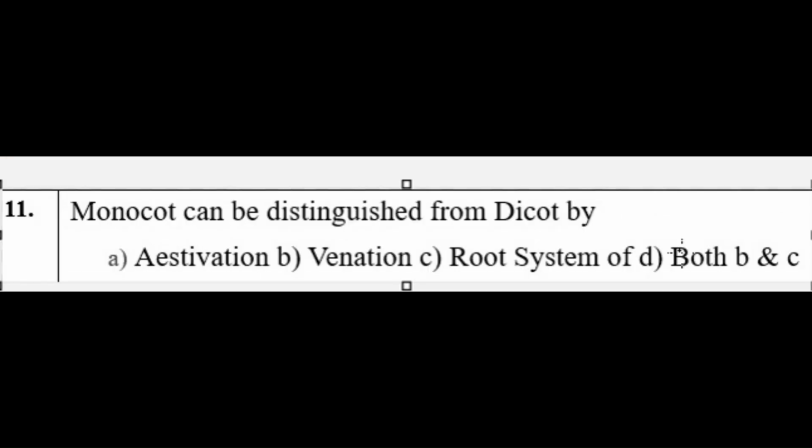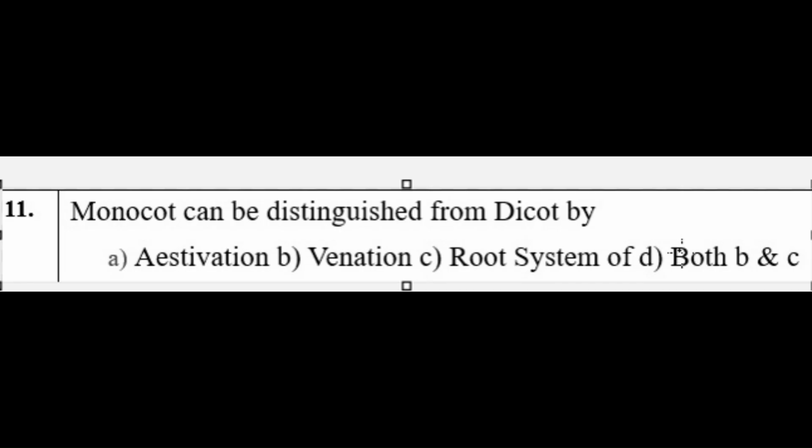Question number 11. Monocot can be distinguished from dicot by A. Aestivation, B. Venation, C. Root system, D. Both B and C. Venation means how the veins are arranged in the leaves. Root system, there are two types, taproot system, fibrous root system.